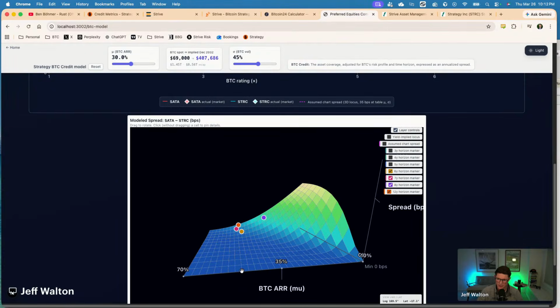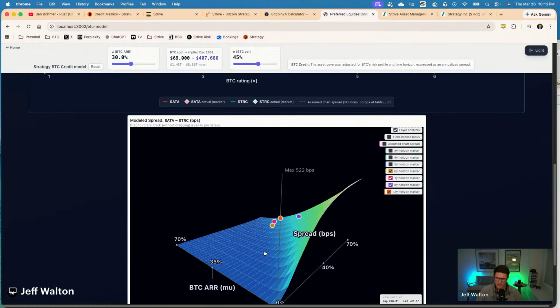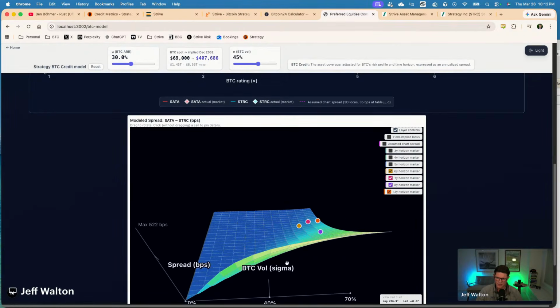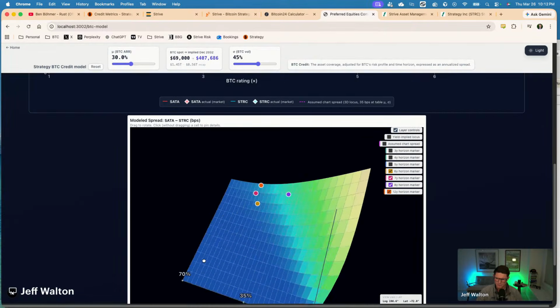Obviously, the ARRs are very high historically, which makes sense. There was very high performance in Bitcoin's history earlier in the 2010s, but the volatility was also very high. So you could see it up on this axis, right? Volatility high and return also high, pretty high up here.